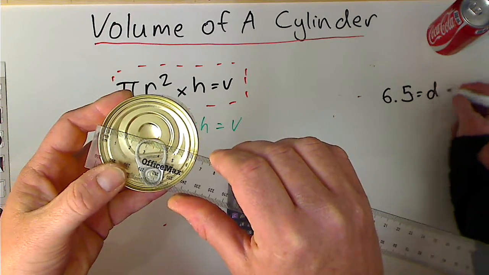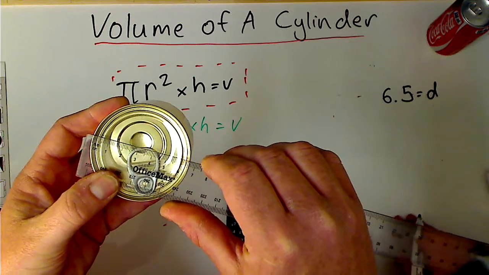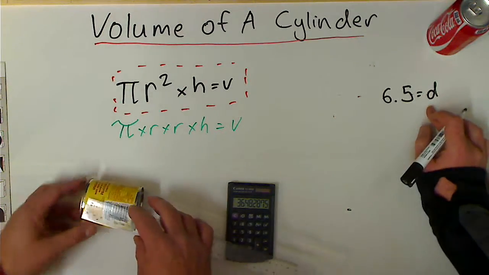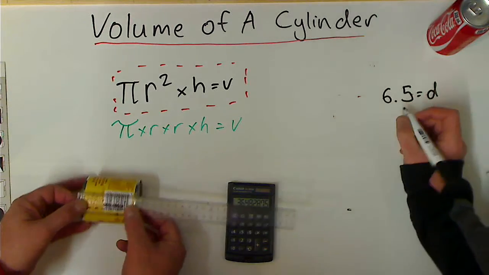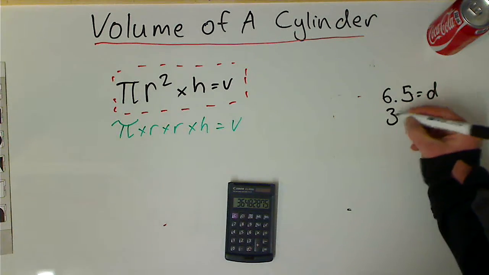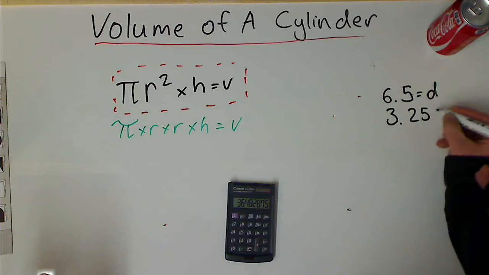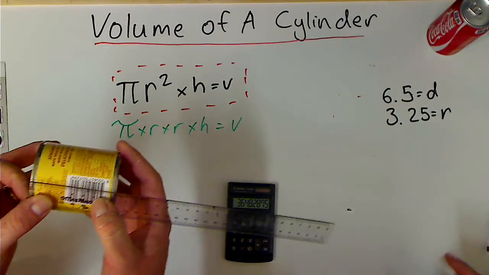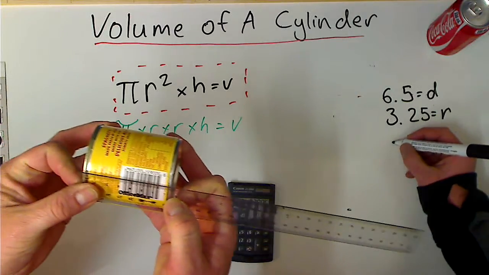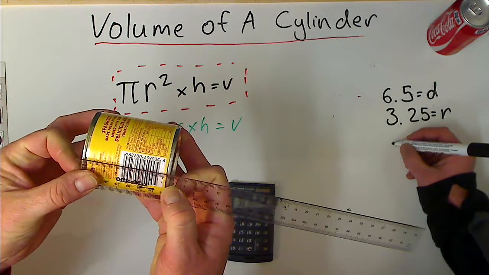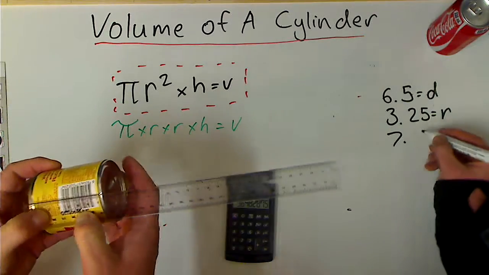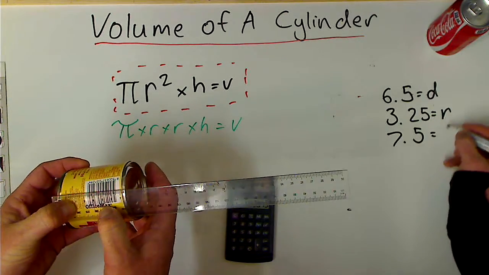So we've got 6.5 as the diameter, and half of that is 3.25, which equals our radius. And then we've got the height, 7.5, which equals our height.